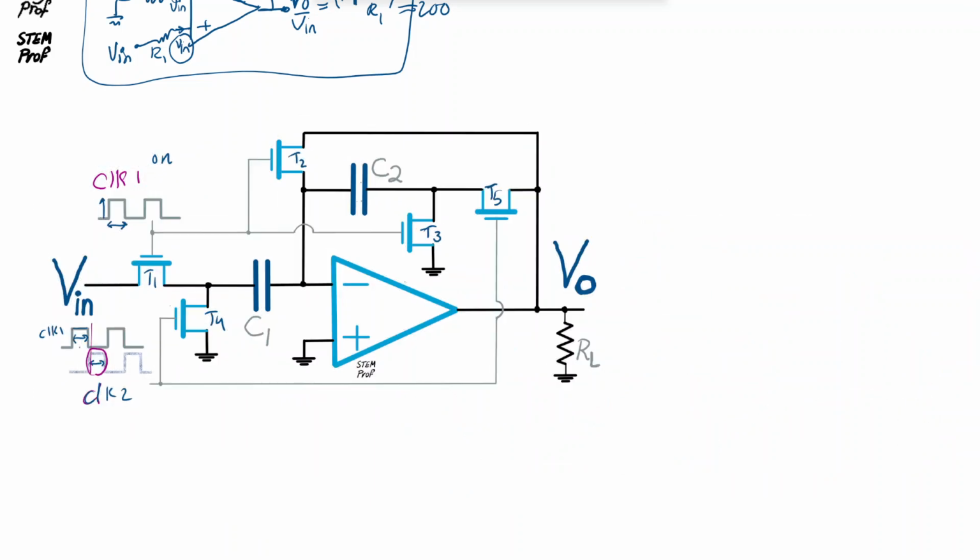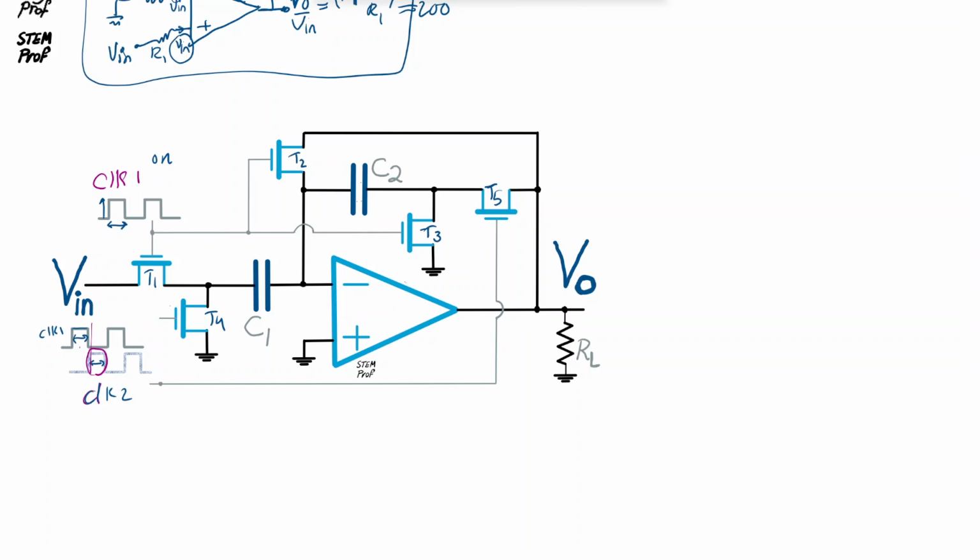I'm not going to change the relationship between clock 1 and clock 2 necessarily, but I am going to disconnect T4 from clock 2. Let me make sure I find the right color.